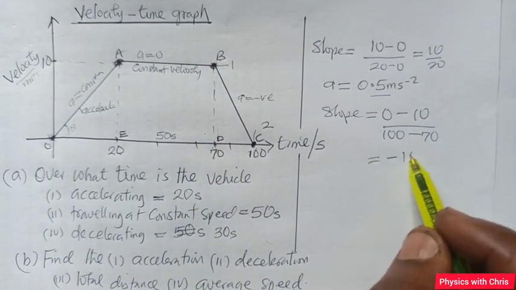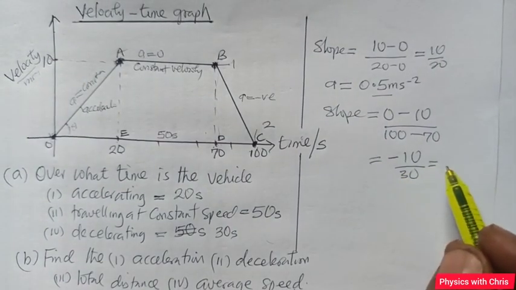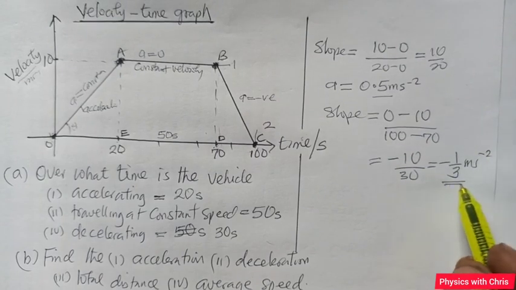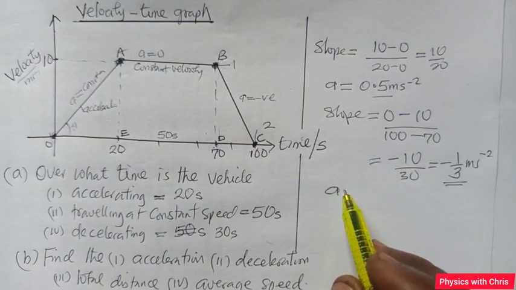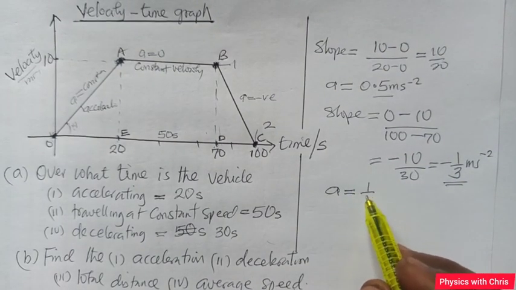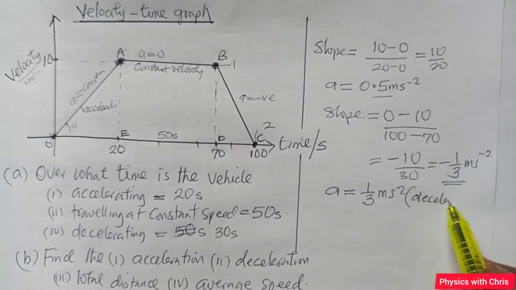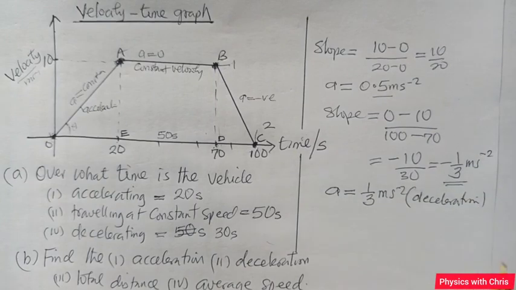That gives me minus 10 over 30, which is minus 1 over 3 meters per second squared. Since this answer is negative, I'll finally write my deceleration as 1 over 3 meters per second squared. That is my retardation or deceleration.